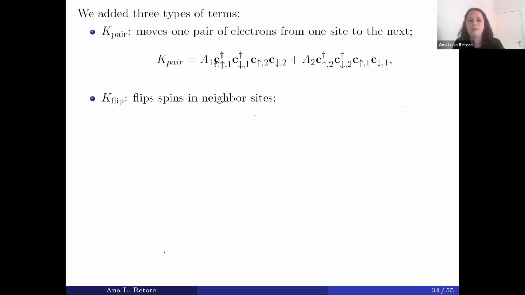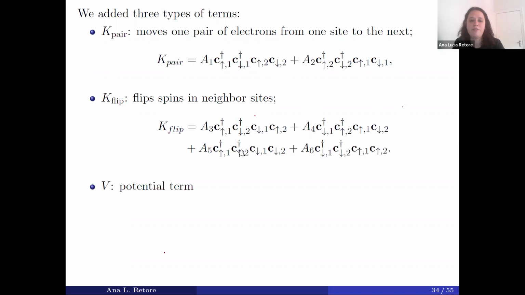So we added these K pairs that move one pair from one side to the next. So you destroy a particle of spin down and up on side 1 and create a spin on side 2, or the other way around.